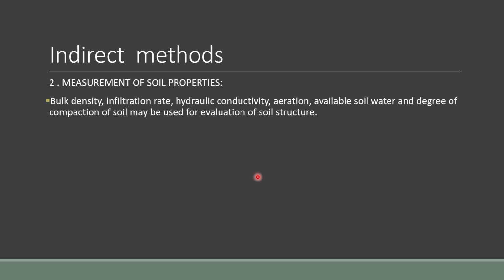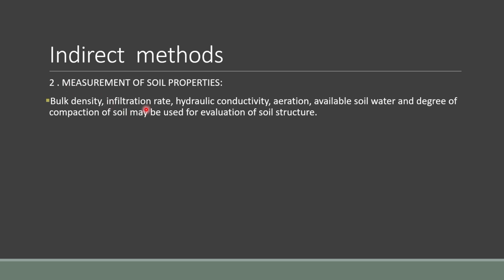Then next is the measurement of soil properties. So we are indirectly evaluating the soil structure. We measure soil properties like bulk density, infiltration rate, hydraulic conductivity, aeration, available soil water, and degree of compaction, which are used for the evaluation of soil structure.